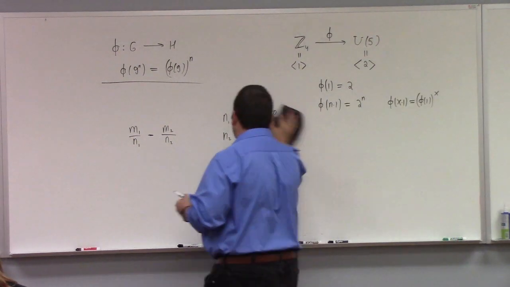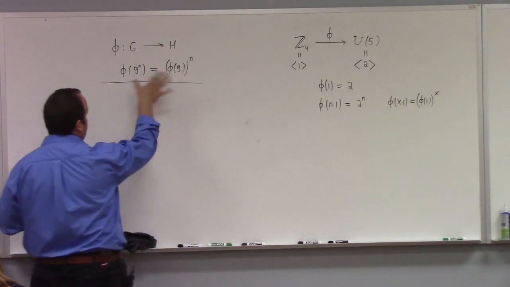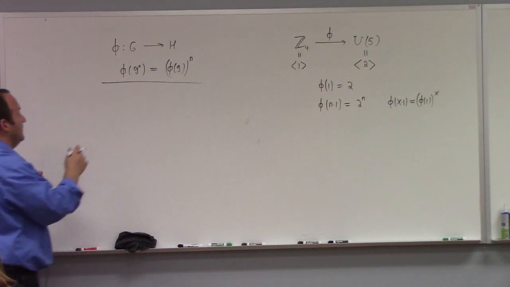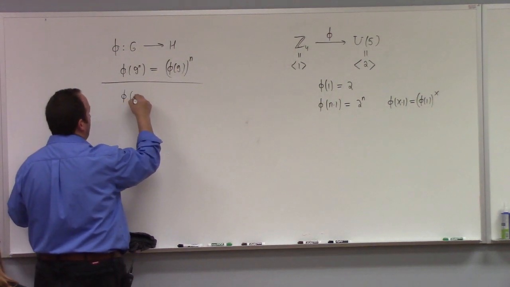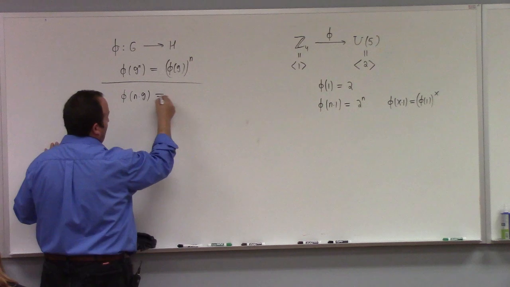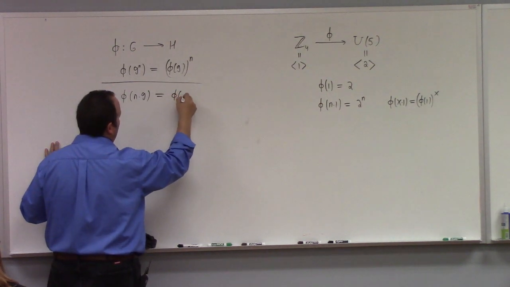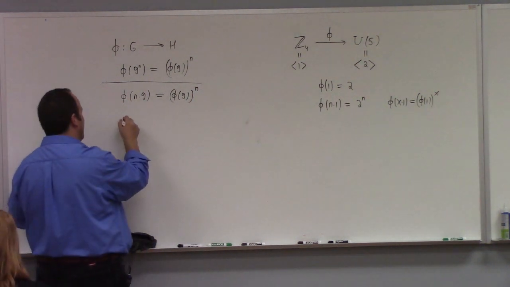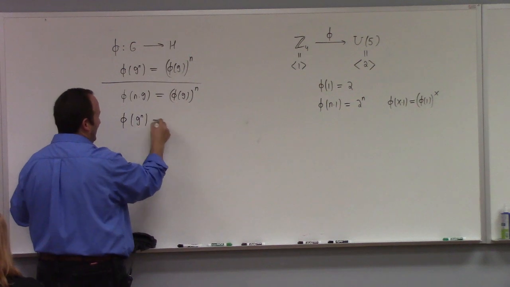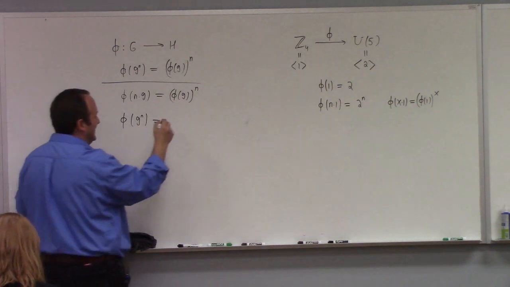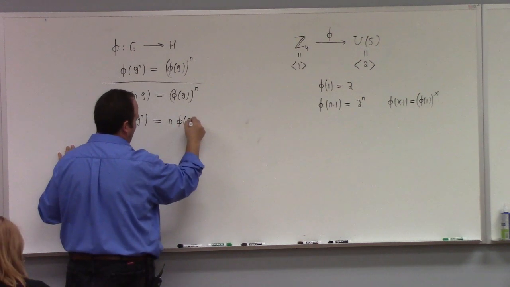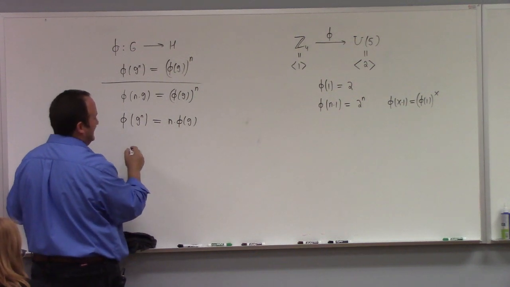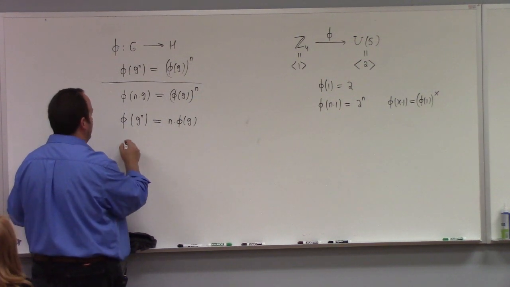This version is for the case that both the domain and the codomain are multiplicative. In the case the domain is additive but the codomain is multiplicative, this is what the rule looks like. In the case the domain is multiplicative but the range is additive, it would look like this. What's our other case? I guess that's it. Oh, we could also just have both additive.